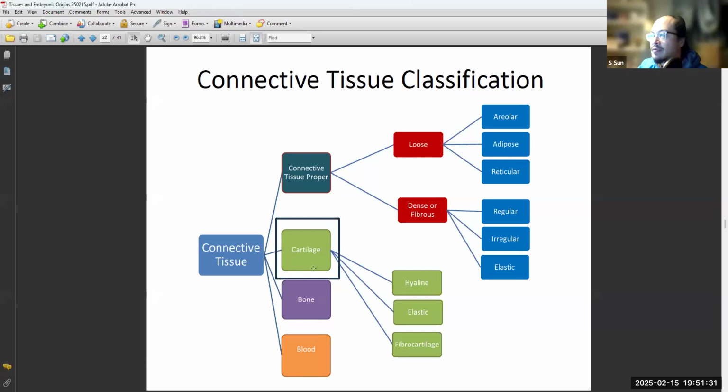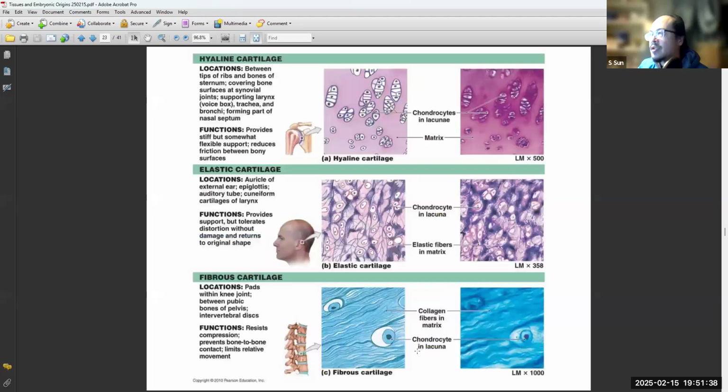So for the cartilage, we have three types: hyaline, elastic, fibrocartilage. So here is where we can find them. Hyaline is attached to the bone, kind of like protecting the joint. Elastic is the one you can see here in the ear. You have those cartilages.